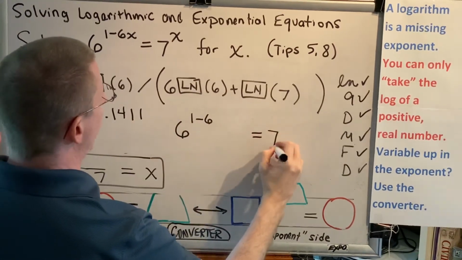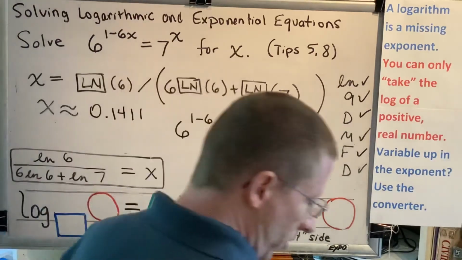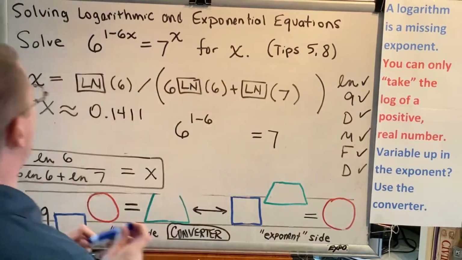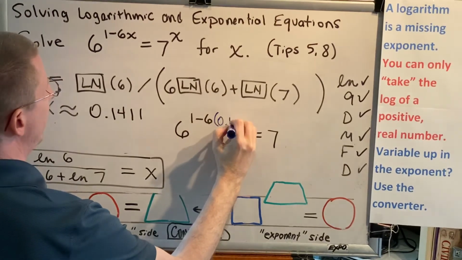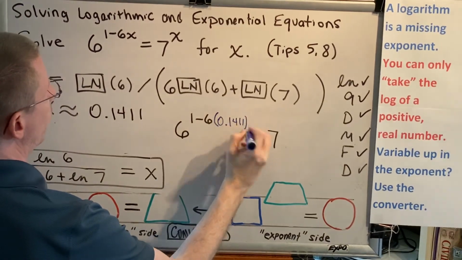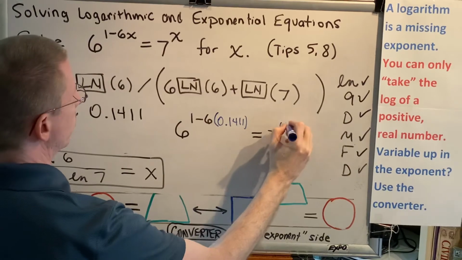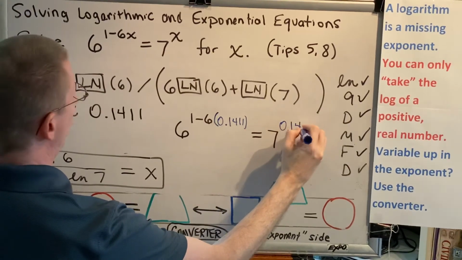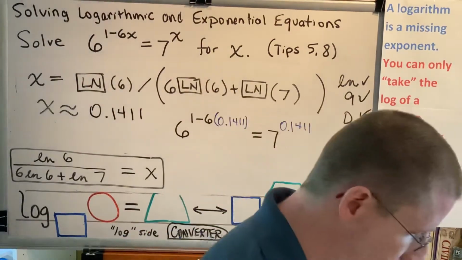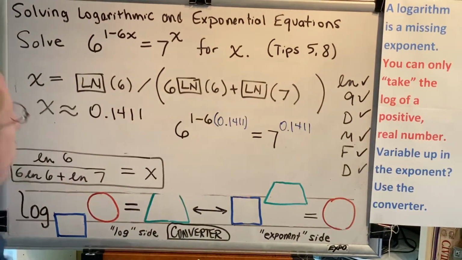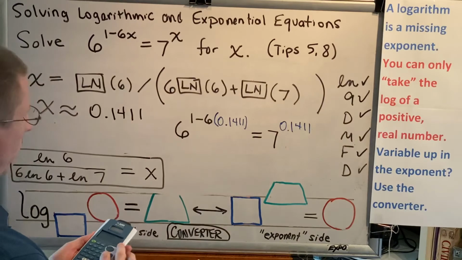Now whenever you round, you're introducing a tiny amount of error into your problem, which means that the left side and the right side will not be exactly the same, but they will be really, really close. And as long as they are really, really close, that validates that we have the right answer. All right, so let's put this in our calculators.